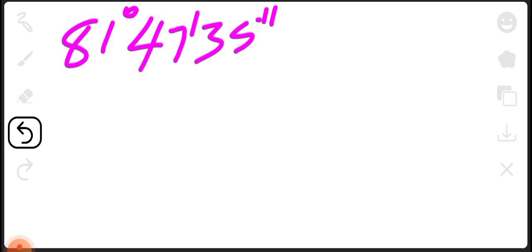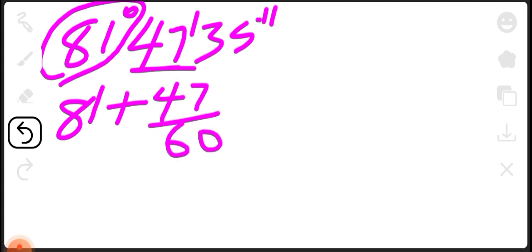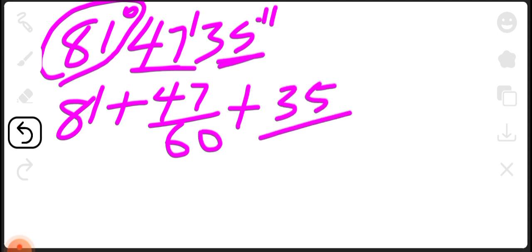So how are we going to do this now? 81 degree, 47 minutes, 35 seconds to be converted to just degree only. Remember, this 81 is already in degree. So you just write 81 plus, this one is in minute, so 47 divided by 60, plus the seconds, 35 divided by 60 times 60.